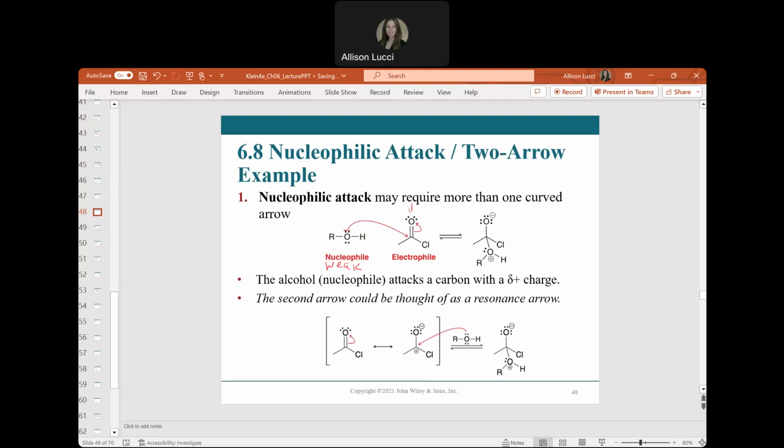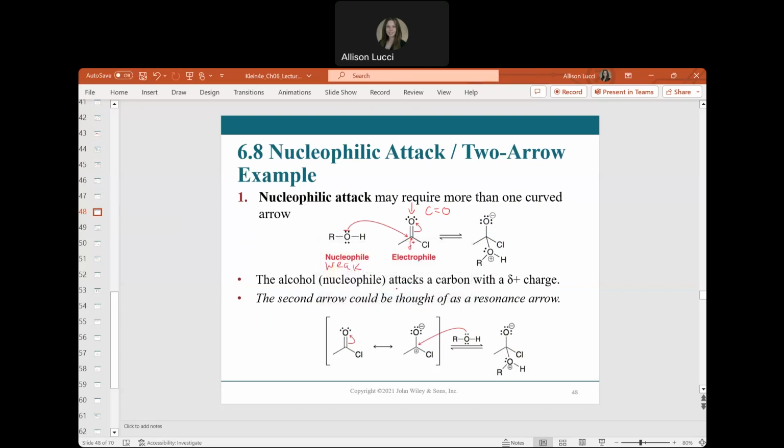This carbonyl has a C double bond to an O, and either through induction or resonance, we see that there's a partial positive site that results at our carbon atom here, and that's where the electrons are going to be ending, right? Where the head of that arrow is, at that partial positive charge on that carbon. So that's considered our electrophile.